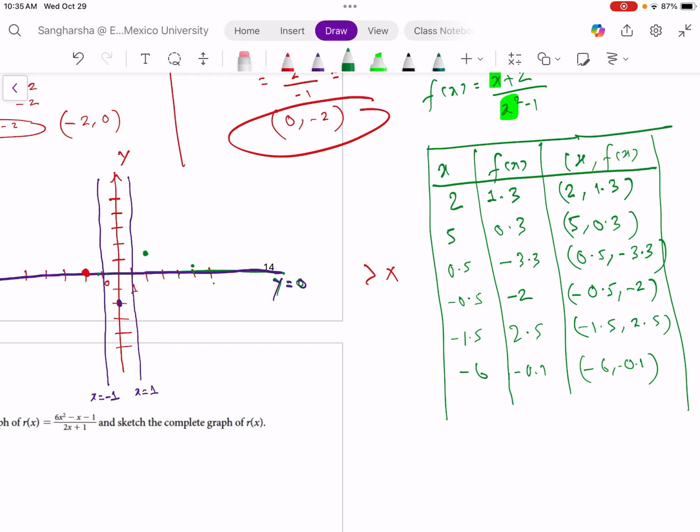Then 0.5, negative 3.3. So 0.5 here. This is 0.5, negative 3.3. This is 3 somewhere here. Negative 1.5. So negative 0.5, negative 2. Okay, here.